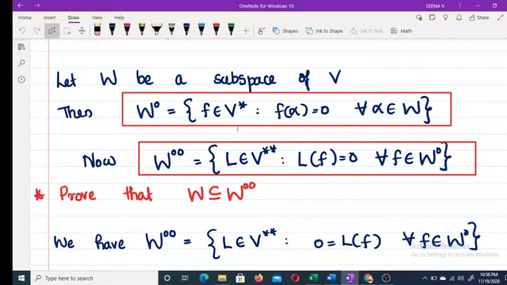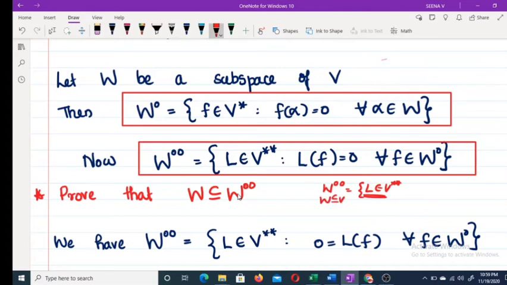Now we are going to prove one result. Prove that W is a subset of W double naught. How is this possible? Actually, W double naught is the set of all L belongs to V double star, which are linear functionals, and W is a subspace of V. Here the elements are alpha and there the elements are linear functionals. Then how is this possible? Actually, this is an identification.